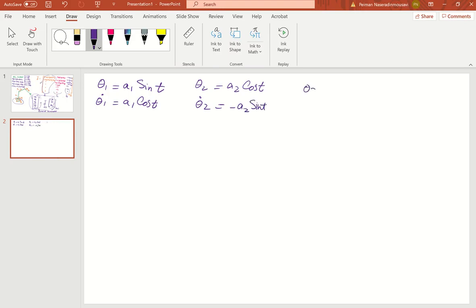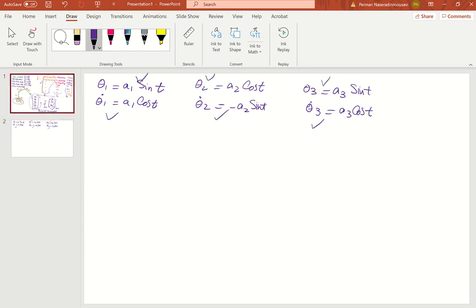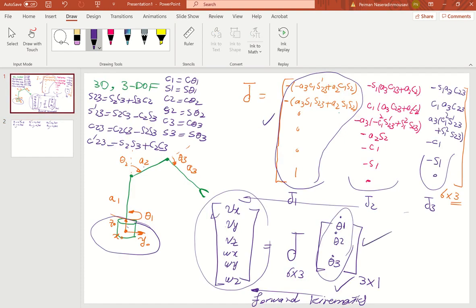And I say theta 3 is A3, again a different amplitude from A1, and theta dot 3 is going to be A3 cosine t. Here we go. I'm going to replace this in the Jacobian, in here and in the Jacobian.